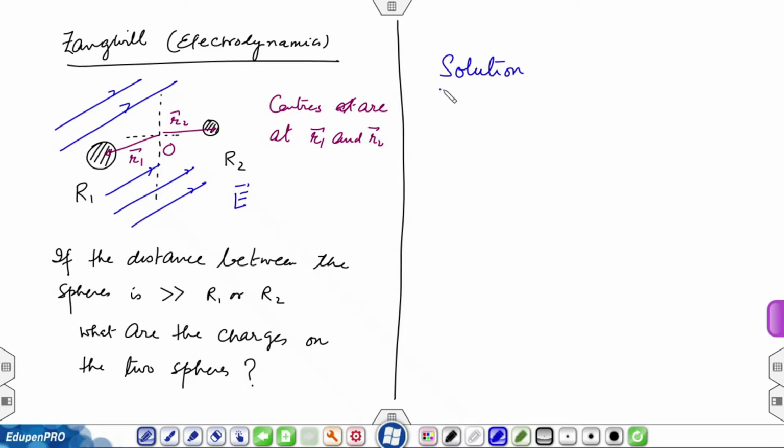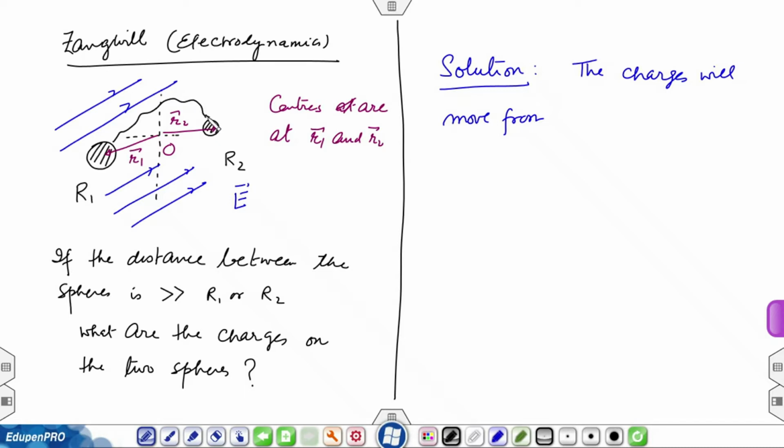So, what is the physics behind this? Physics says that the charges will move from, I forgot to tell you, these conductors are also connected by a wire.